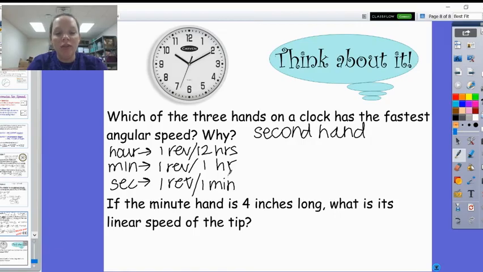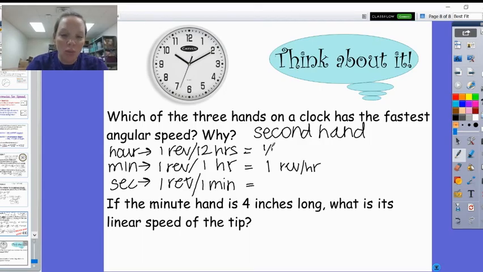So since these are different lengths of units of time, we want to convert those so that we can compare them. We'll do this in terms of hour. So the minute hand is traveling 1 revolution per hour, right? The hour hand is traveling 1 revolution per 12 hours.